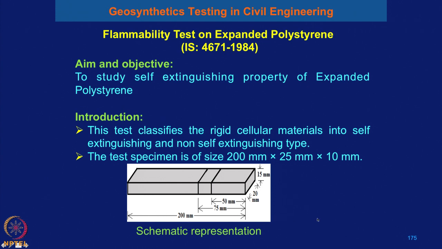The test specimen size, here you can see, is about 200 millimeter from here to here, and from here to here is 75 millimeter, and from here to here it is 50 millimeter. And the sample size from here to here is 20, and from here to here it is 15 millimeter.